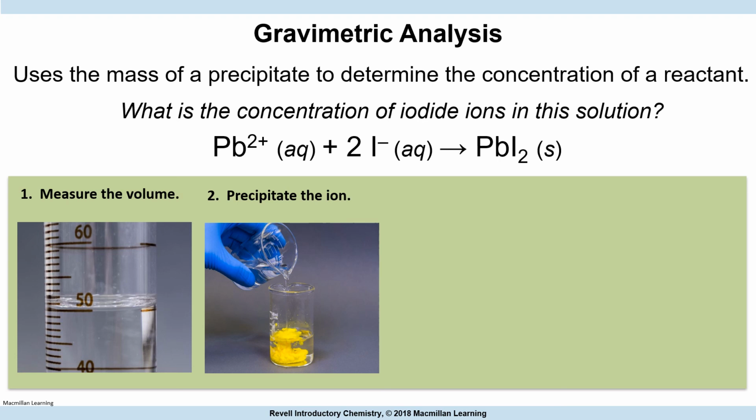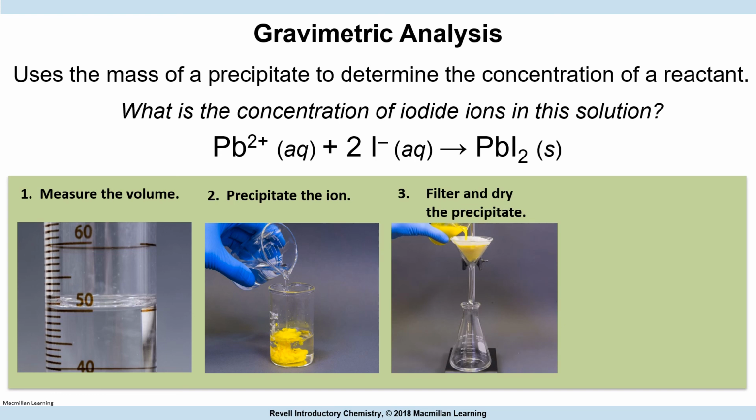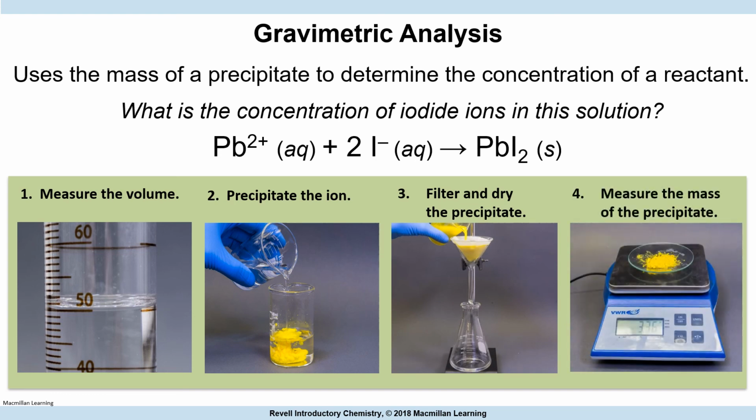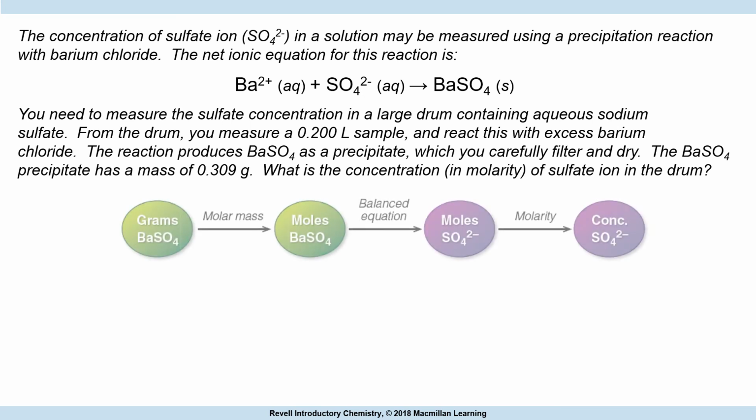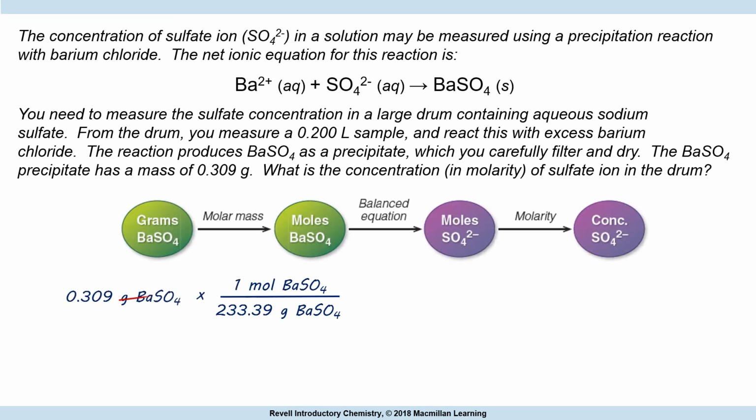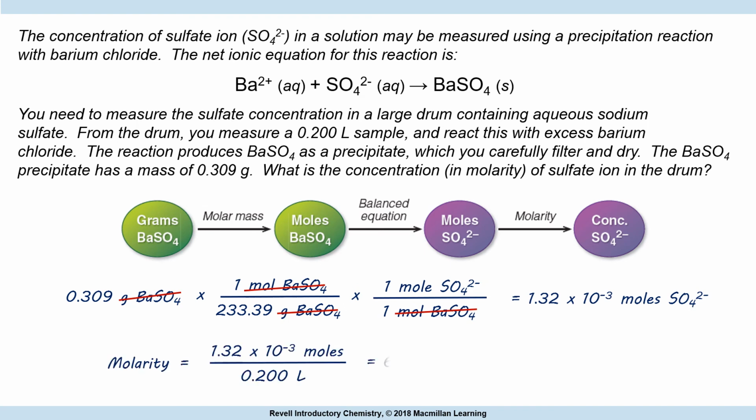Lead plus iodide forms this lead iodide solid that's brilliant yellow, and we can figure out the mass of that, and we could do some calculations around how efficient that reaction is. There's another example you could look at on your own. We'll go over some of these examples when we're together in person.